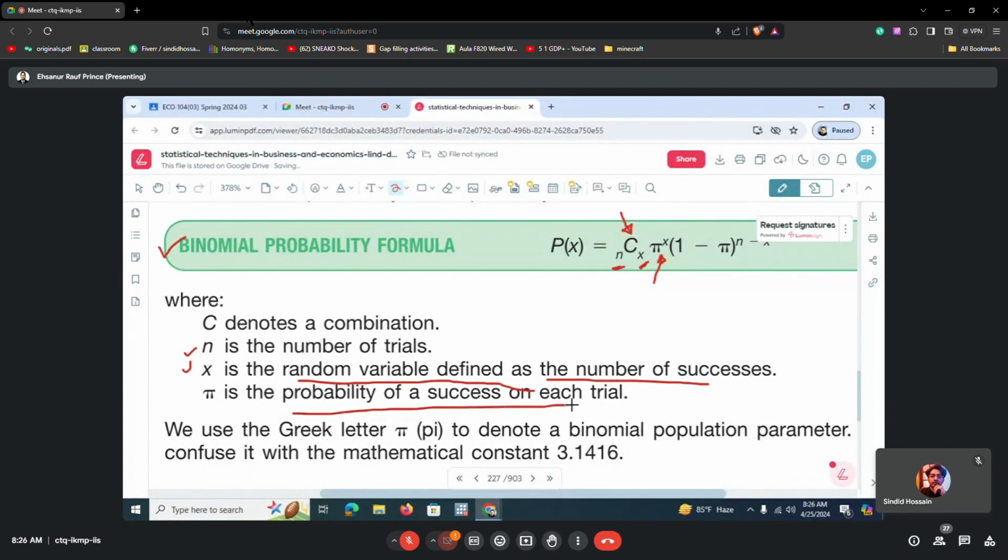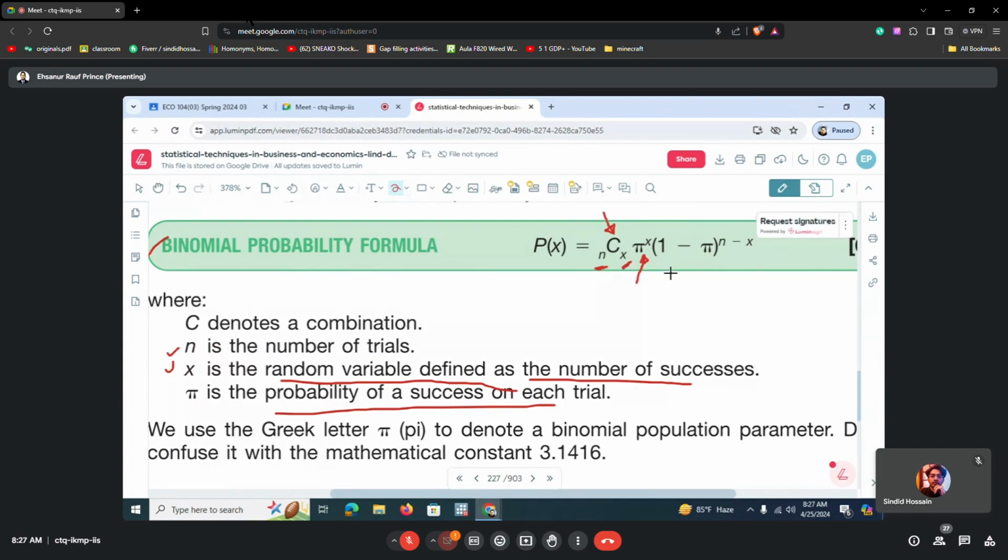So 3.1416 is not applicable here. We're not talking about that pi, the mathematical constant. This pi is representing the probability of a success on each trial. And then you have the last part, 1 minus pi to the power n minus x.